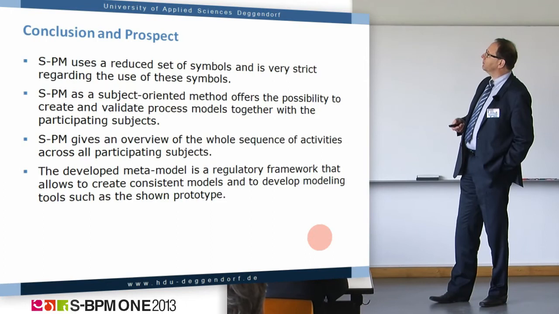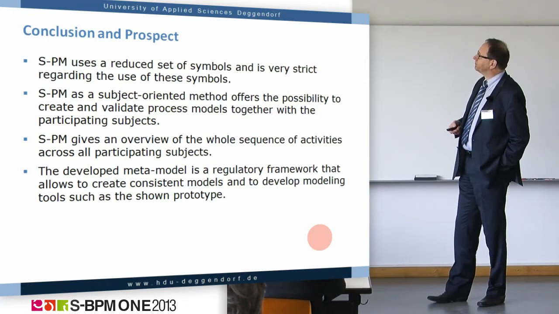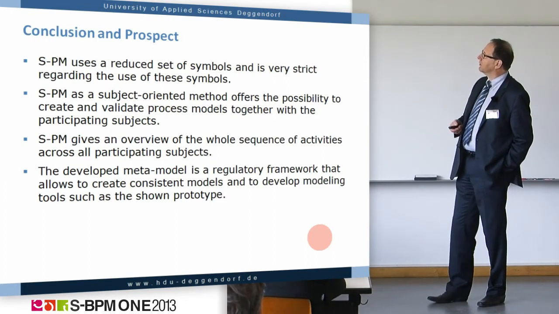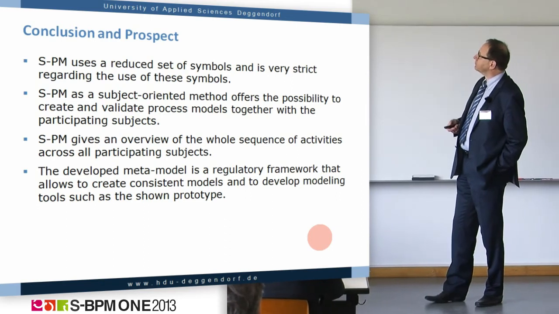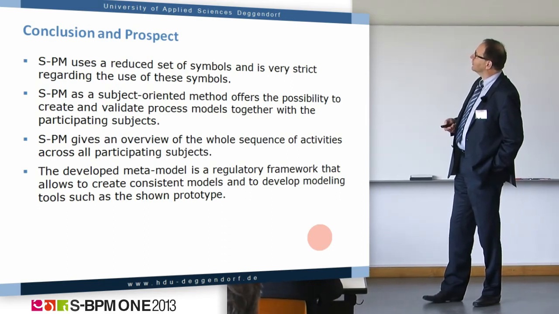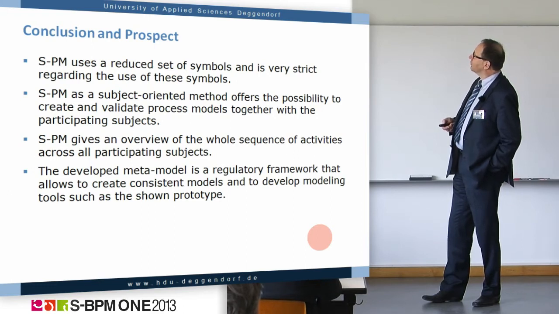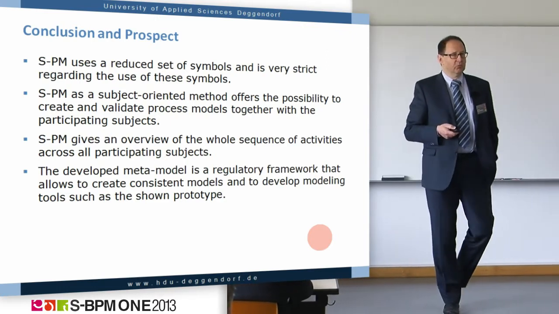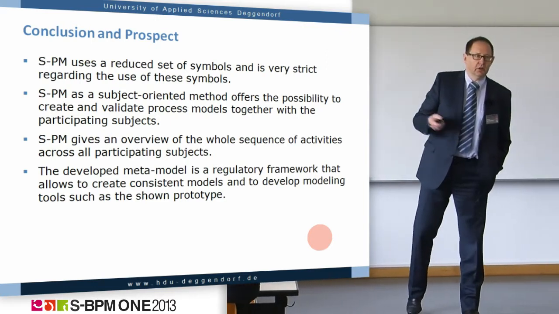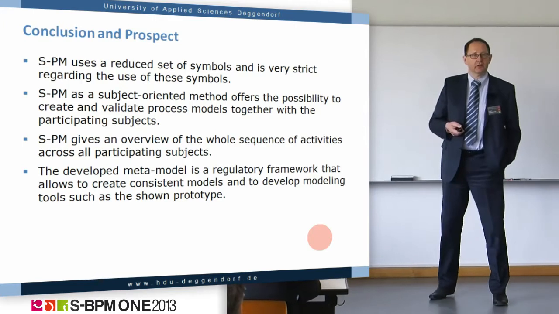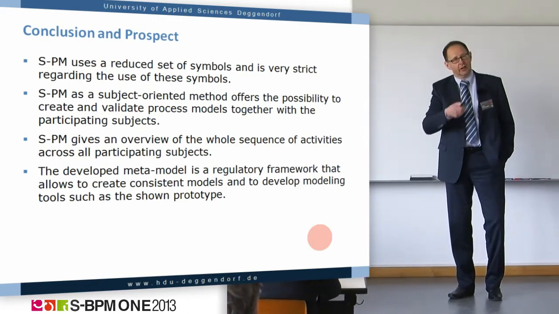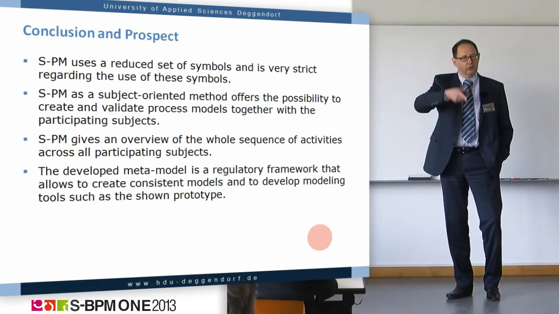So what are interesting future things? Well, it was to create process models together with participating subjects, so you can sit together with your clients and try to figure out, and they can decide, no, it's the other way around, you have to introduce something.